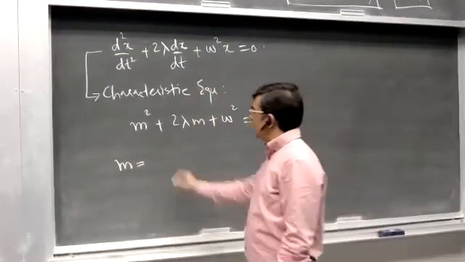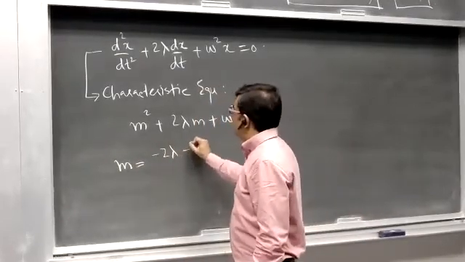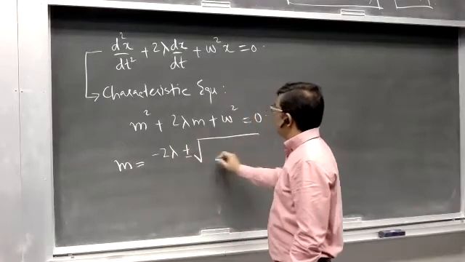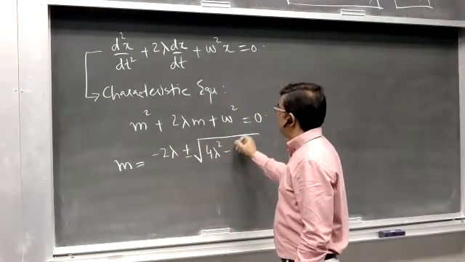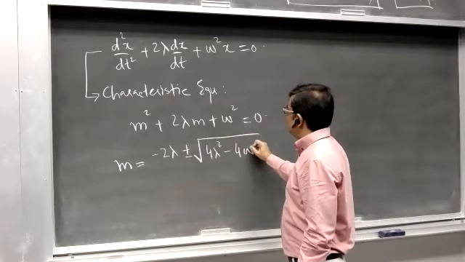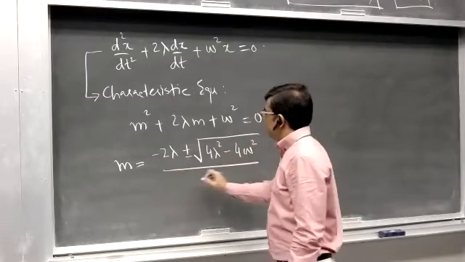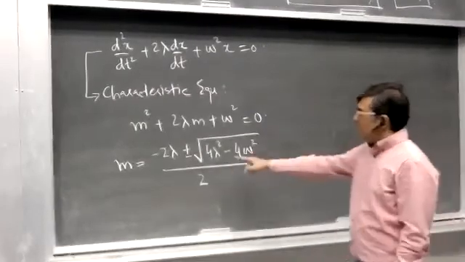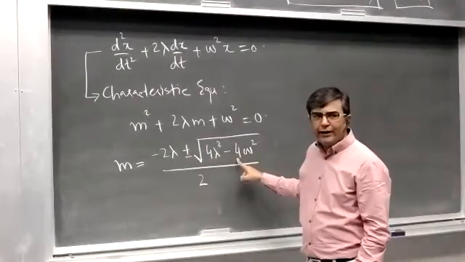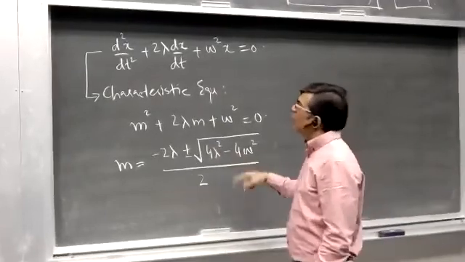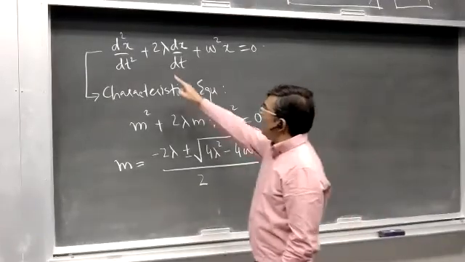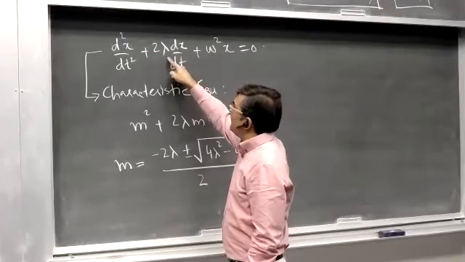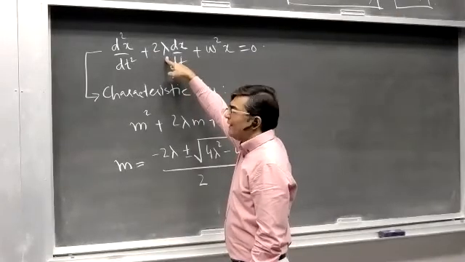m is equal to negative b plus minus square root of b square minus 4ac, divided by 2a, which here gives 4 lambda square minus 4 omega square. Now, here we have 4 and 4. I hope you understand why we have assumed here that beta by m is 2 lambda.